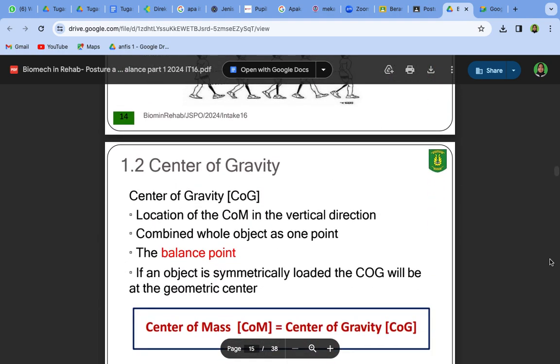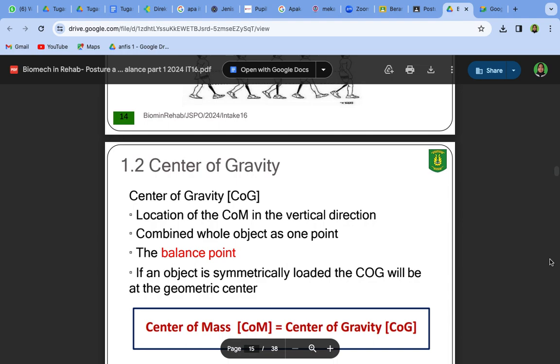Okay, the next is center of gravity. Center of gravity location is the average location of all the weight of an object. The center of gravity is a balance point of an object, also expressed as the point where all the mass appears to be located.